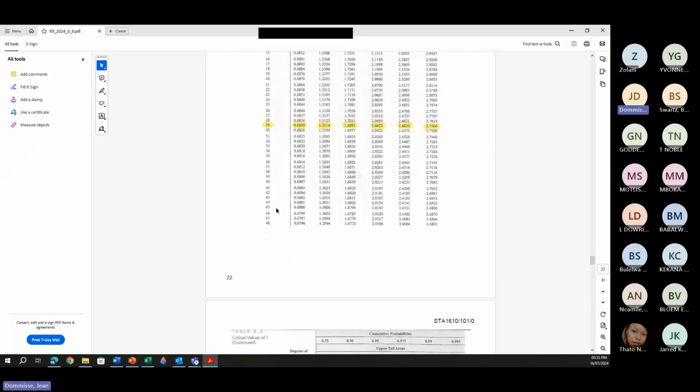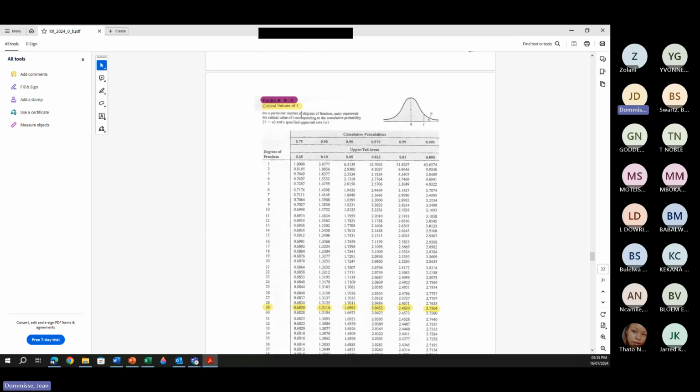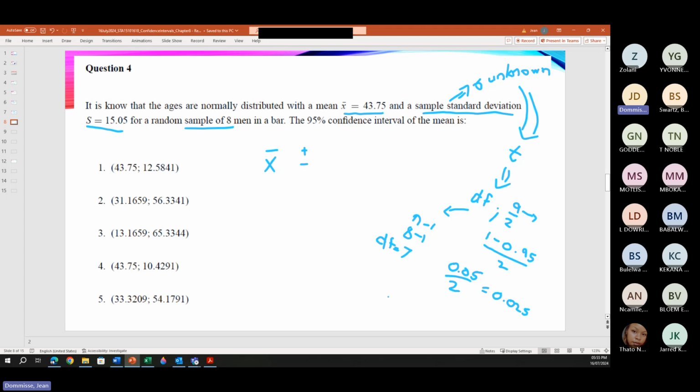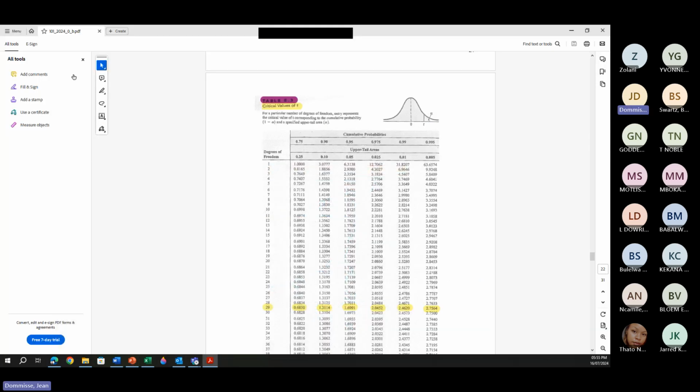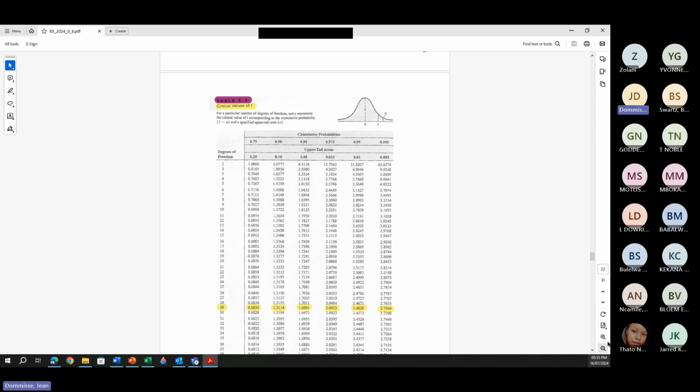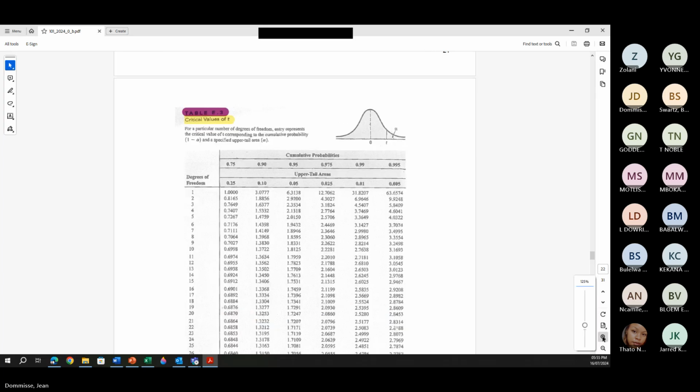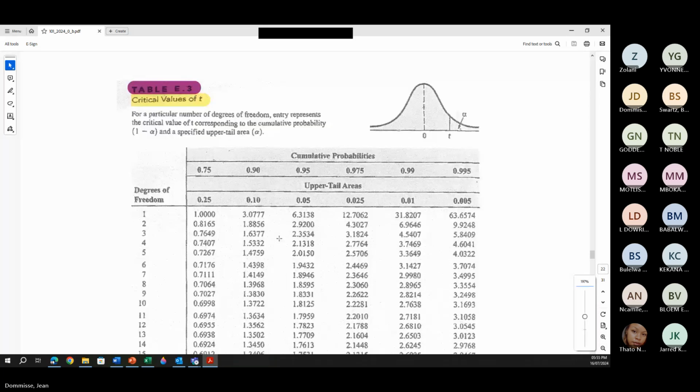Okay, so the T table. We said that we're working with degrees of freedom of 7 and 0.025. So let's just zoom in a bit. Okay, degree 7.